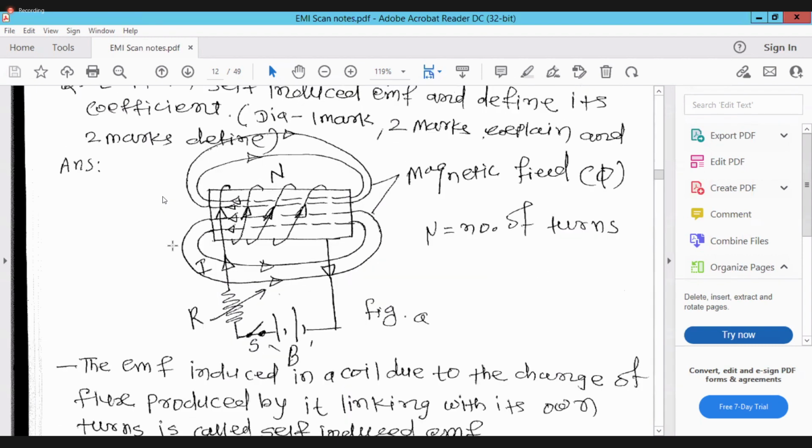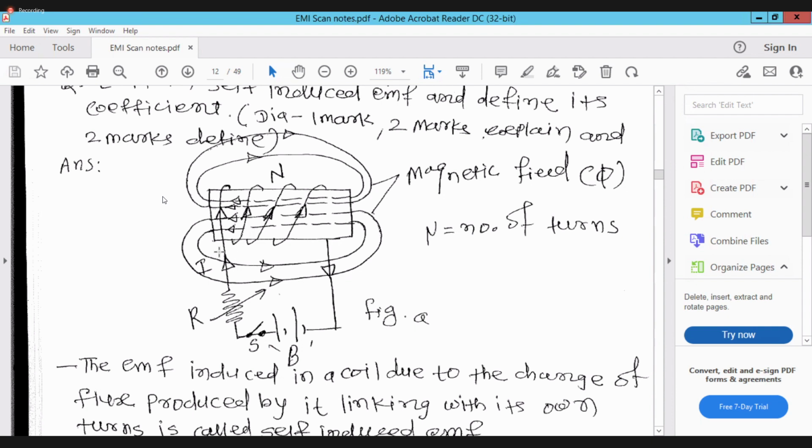So what is the diagram over here? This is the diagram. It is a solenoid. Now you have applied the DC supply battery over here. To change the value of the current, we have connected one rheostat, a variable resistance. This is terminal 1 of the coil, and this is terminal 2 of the coil. Now see, current enters from terminal 1.